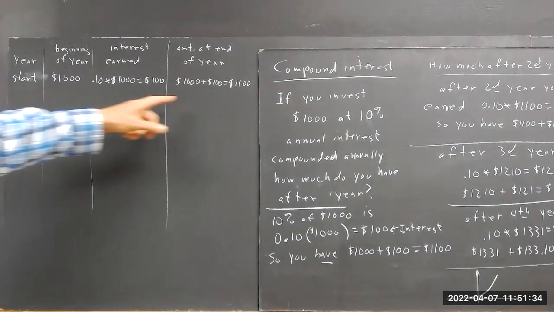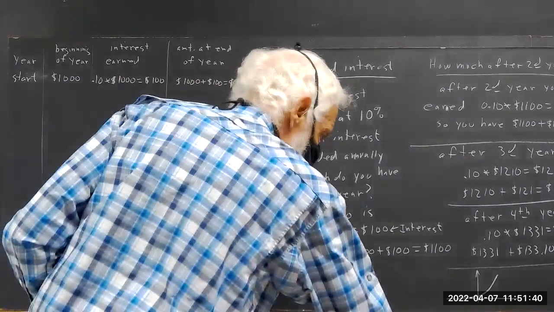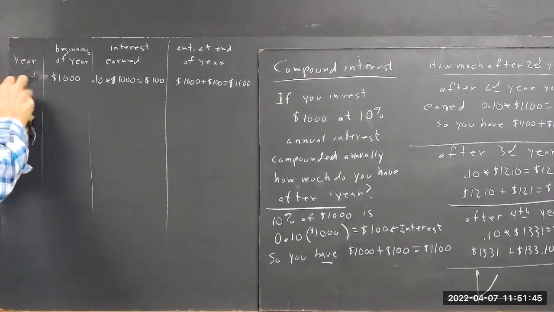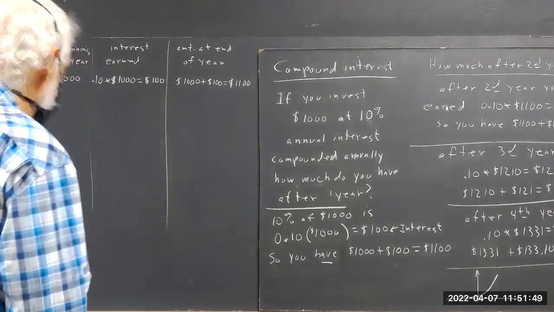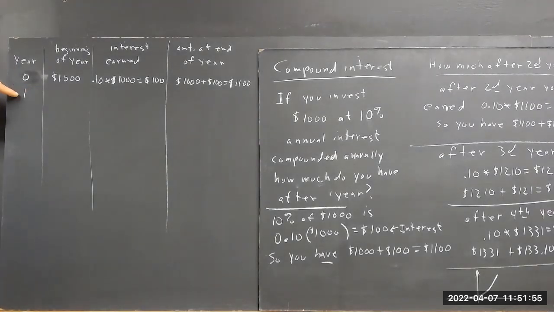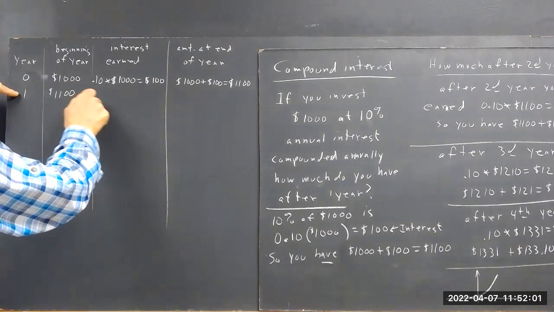Okay, here are the calculations for the first year. And here's what the calculations mean. Which year is it? Well, I say start. But instead of start, I'm going to call this year 0. And after year 0, at the end of a year, in your first year, you're now at year 1. And your amount is 1,100.